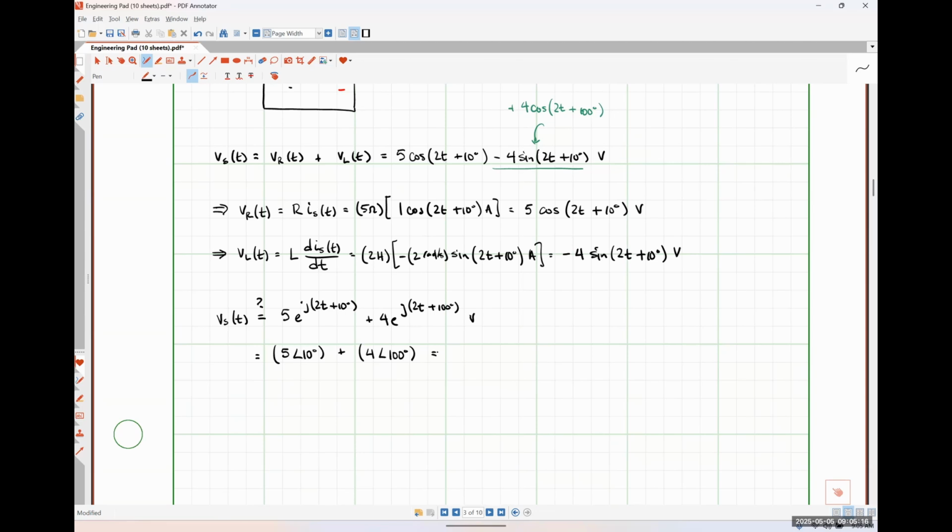And I'm literally just going to throw that into my calculator. So 5 angle 10 plus 4 angle 100 gives me 6.403 and some change with an angle of 48.6598.